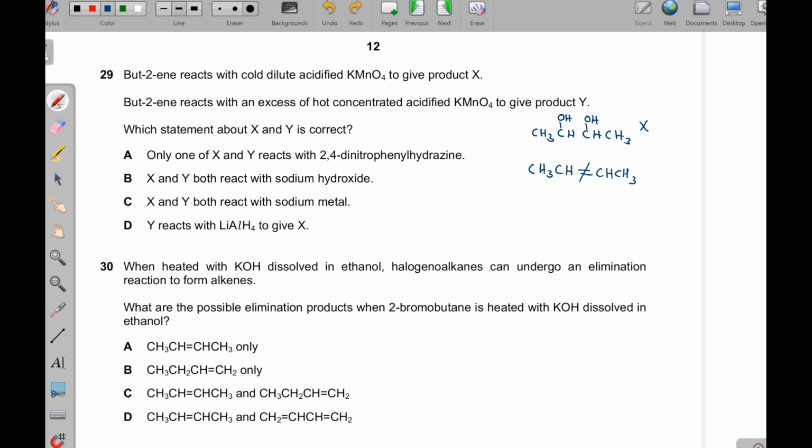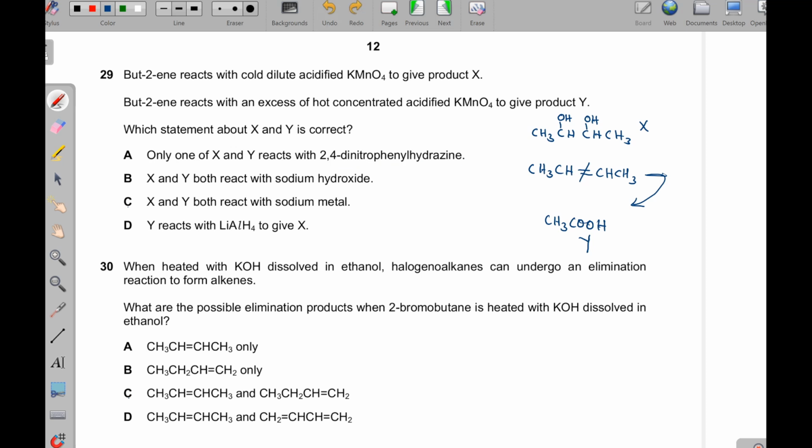But again, they said excess. Even if this word excess isn't there, the fact that this one is hot and concentrated, then further oxidation takes place, and then you get a carboxylic acid. So from here, we shall get a carboxylic acid, which is CH3COOH. So this is our Y. Now, they are saying only one of X and Y reacts with the 2,4-dinitrophenylhydrazine.